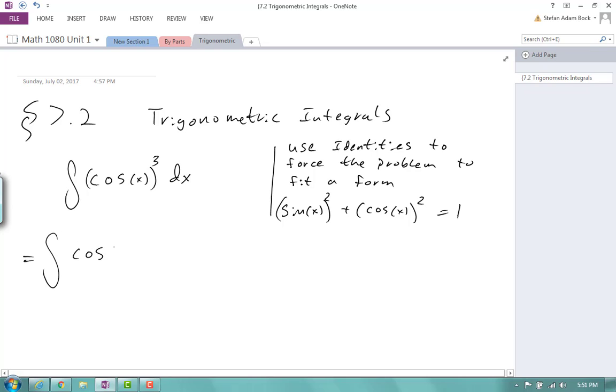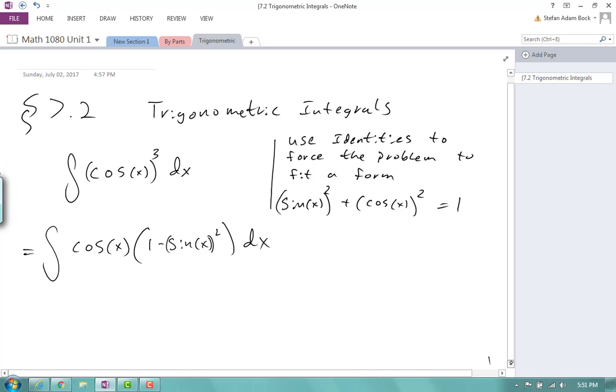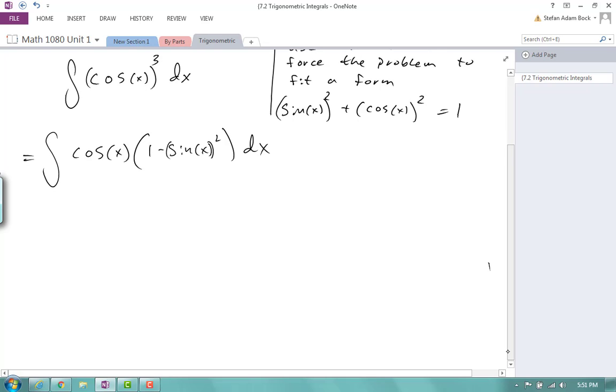So this is cosine of x times 1 minus sine of x quantity squared. And what that's allowed me to do is say, hey, I can let u be equal to sine of x in a u substitution, because then my du would be equal to cosine of x dx, which is exactly what I have written here.